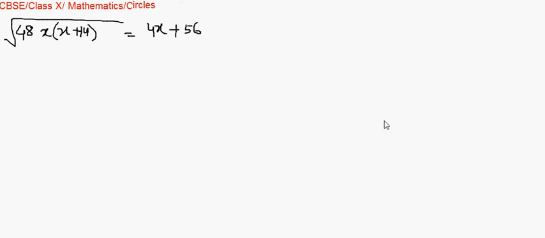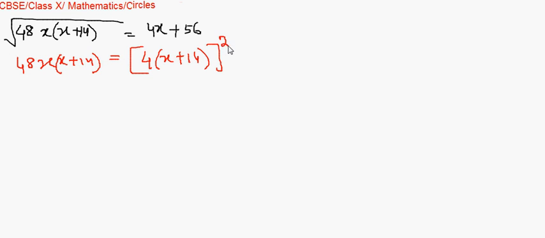Now, squaring both the sides, I can remove this square root, so I'll be getting 48x, x plus 14, and on the other hand I can take a 4 common, so I'll be left with 14 here, and this squared, because I'm squaring both the sides. Now I'm getting 48x, x plus 14, and if I square this side I will be getting a 16, and it is x plus 14 whole square.